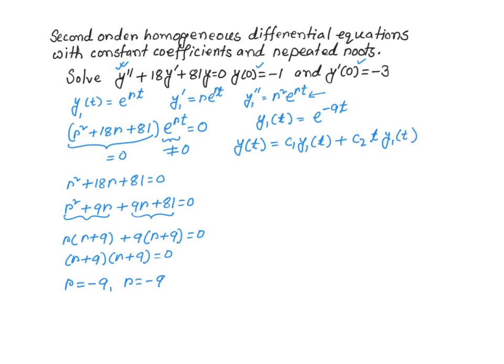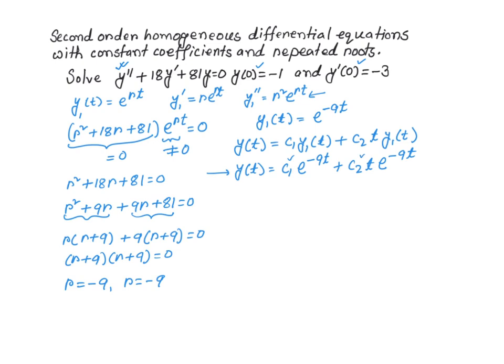Now, if I plug in the values, I get y of t is equal to c1 e to the power negative 9t plus c2 times t times e to the power negative 9t. This is my assumed solution. So we need to find the values of c1 and c2.